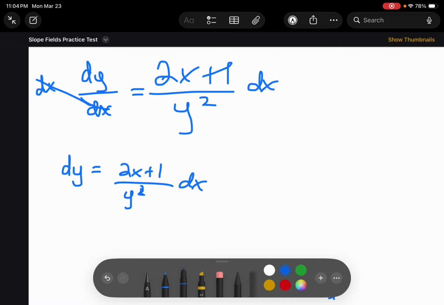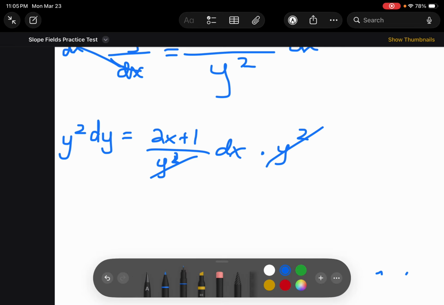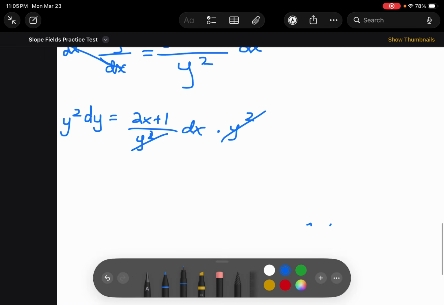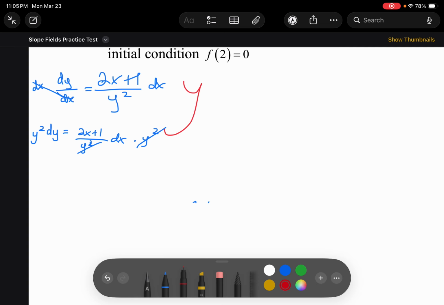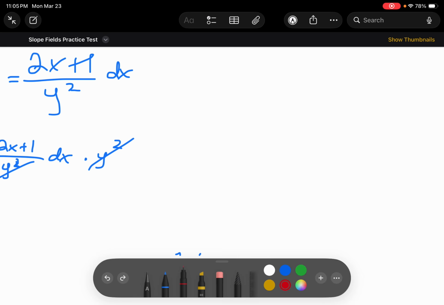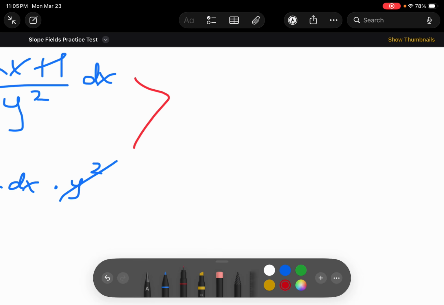Now we're going to multiply both sides by y squared. So it's going to be y squared dy equals 2x plus 1. This is step 1.